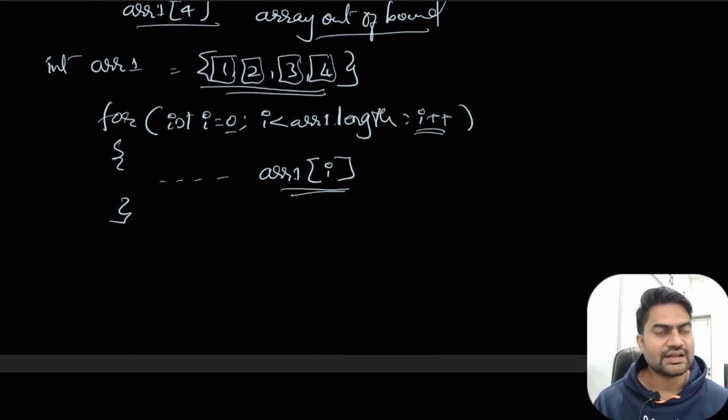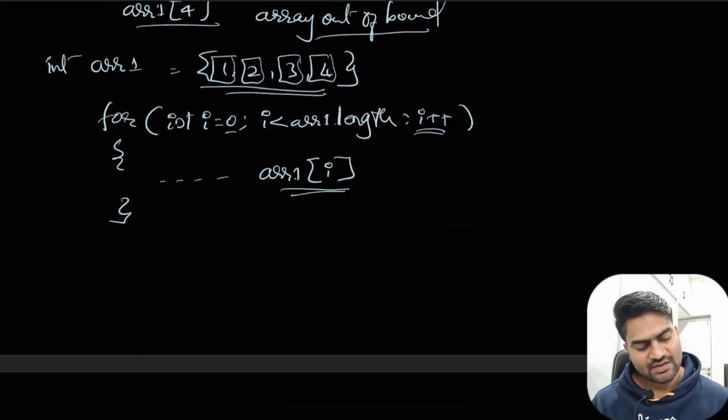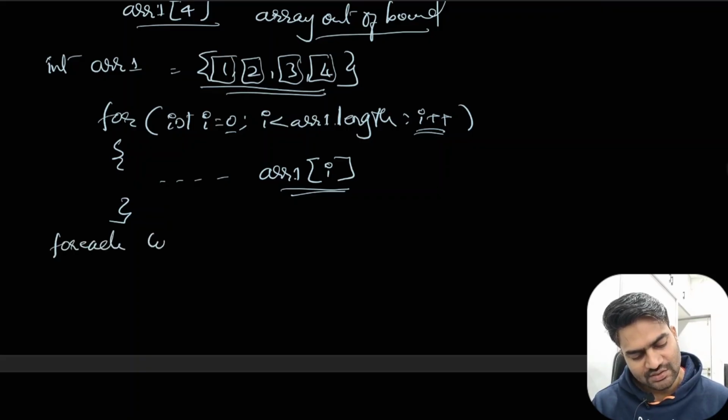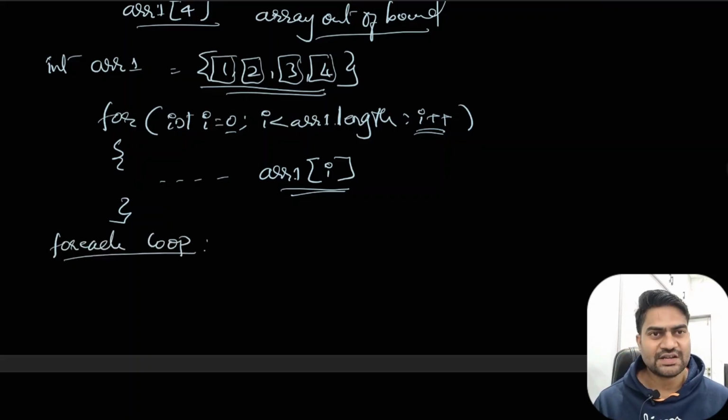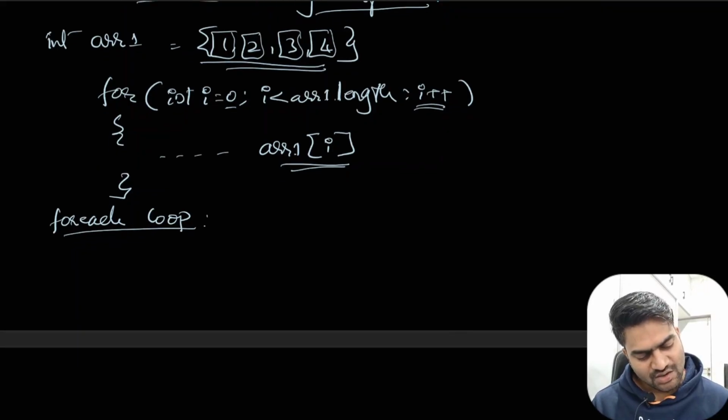Now there is one more way where we can use the for each loop. It is a more concise syntax than the standard for loop, and it gives more readability. So how can we do that?